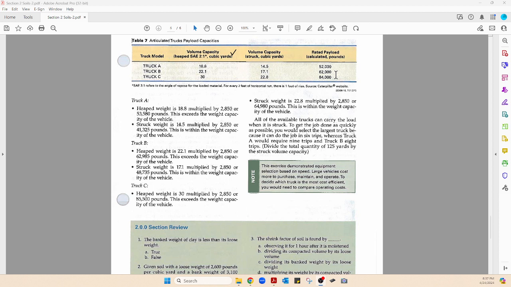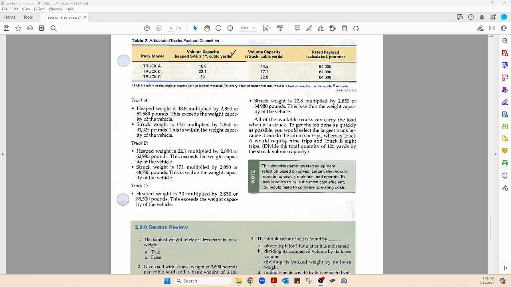Now then, take truck C. Its capacity is 84,000. So it can carry 84,000 pounds every trip. So take 356,250 pounds total divided by 84,000 pounds, and you get 4 trips.